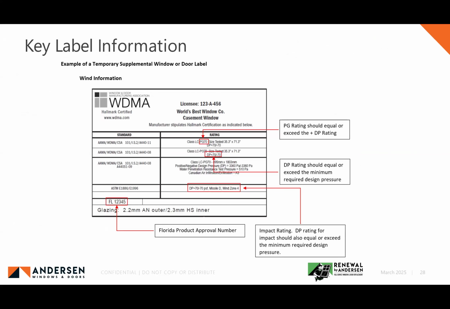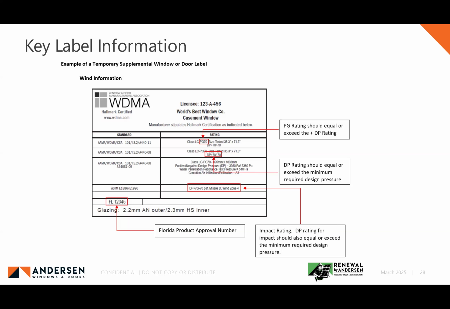Last thing I want to point out is some of the key parts on the label related to what we talked about today. The temporary supplemental label has all the key information on it related to design pressure rating and the Florida product approval number. This is the big label you'll see when windows are installed.